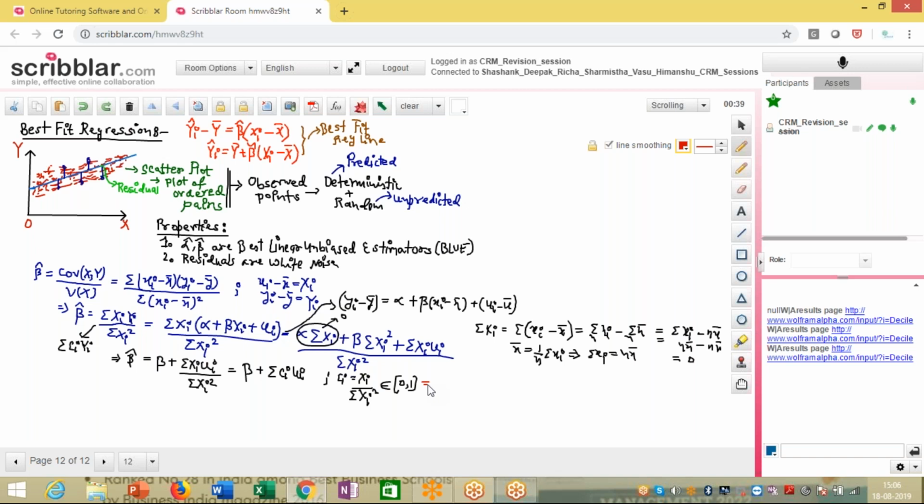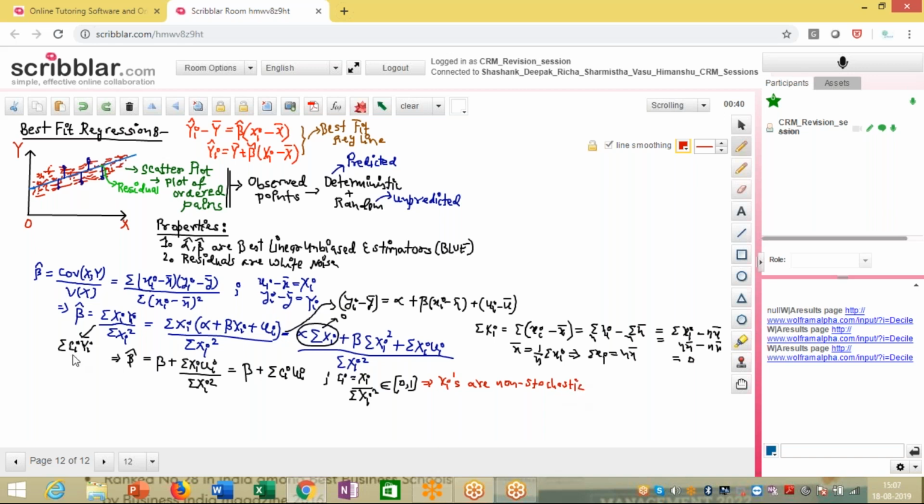So because they are numbers, let's say it is 5 by 8. So I write 5 by 8 as a given fractional number, which is ci. Because they are non-stochastic, I can write xi by summation xi square as a number ci, right?